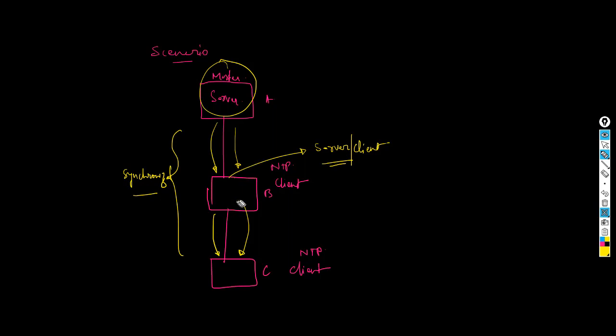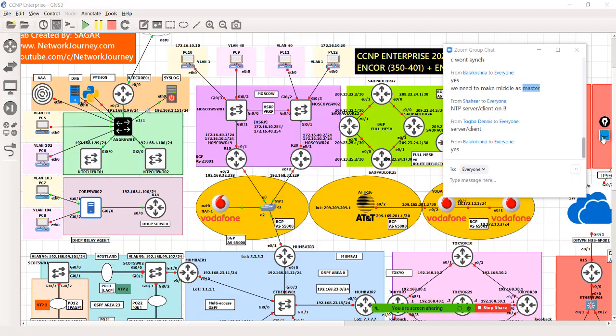So in this kind of scenario, you can make this a server client, and this acts as the server. Let's say I make some changes on this one. The change will not get reflected because this is acting as a server client. The changes will come only from this master. That's the scenario here.